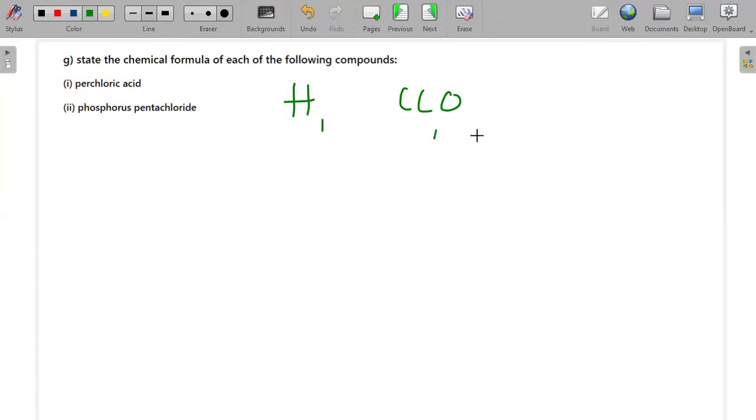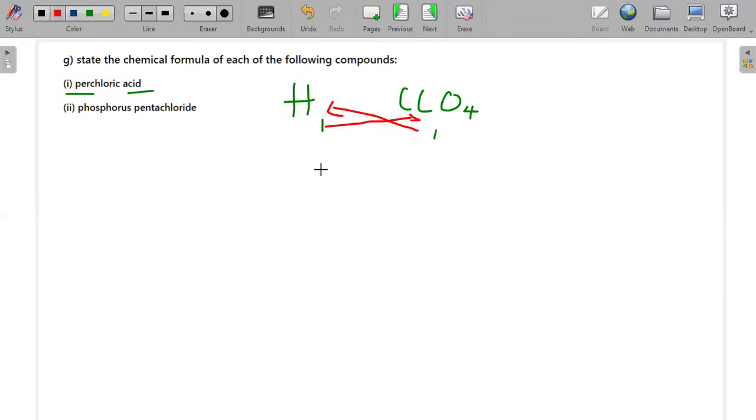So these are just going to combine, and they will exchange their valences. Okay, this is the perchlorate radical, ClO4, and this is the hydrogen. When you combine them, they form perchloric acid. So the valence of one goes to the other and vice versa.